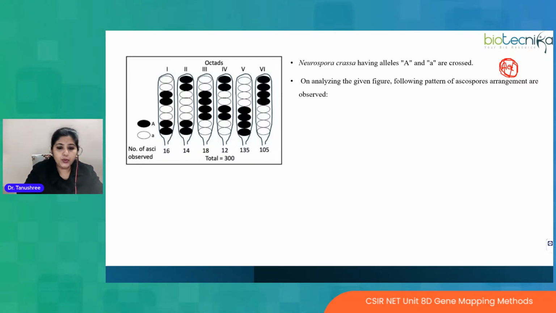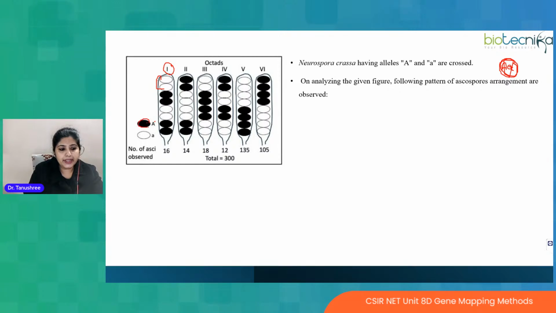Now we have to analyze the figure. Given the figure, if you see the first one, here is the arrangement and the ratio we are getting. As I told you, the ratio and whether the segregation is happening in meiosis 1 or 2, these two concepts are very important.